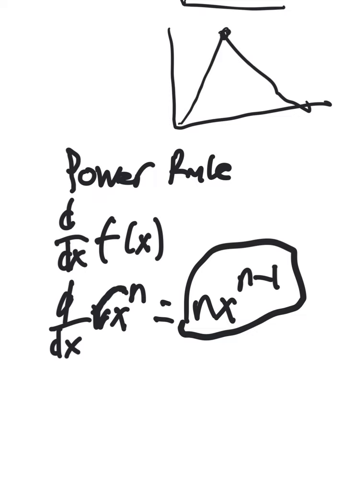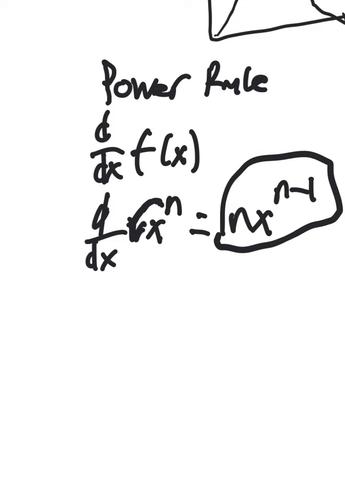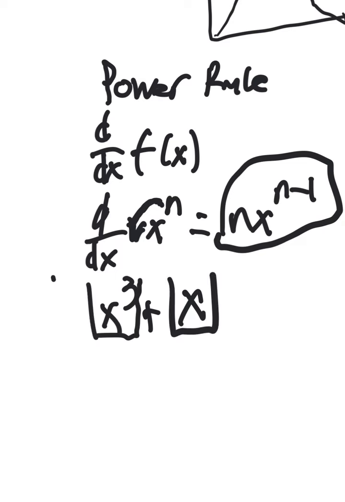Okay, and another property of derivatives is that if you're adding two things, like let's say you had x cubed plus x, and you wanted to take the derivative, you would take the derivative of x cubed, and then separately the derivative of x.